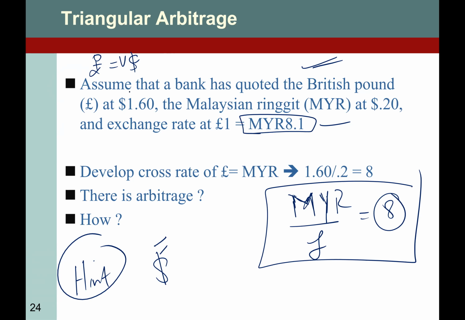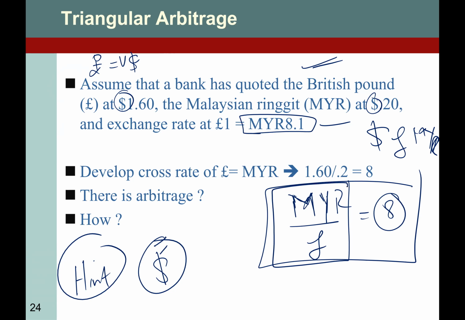Plus we have another third currency here, which is the dollar. So dollar, pound, and Malaysian ringgit, right? The only option, the third currency we have, is the dollar. And we want to play with these currencies, pound and ringgit. So we play with this third currency, which is dollar. We convert our dollar into pound, then pound into ringgit, and then ringgit into dollar.